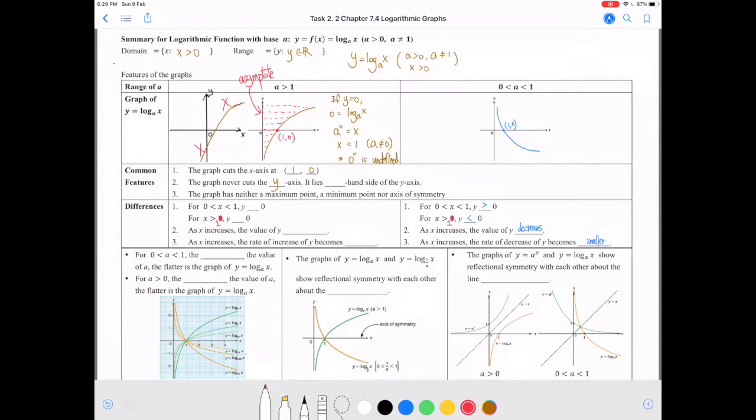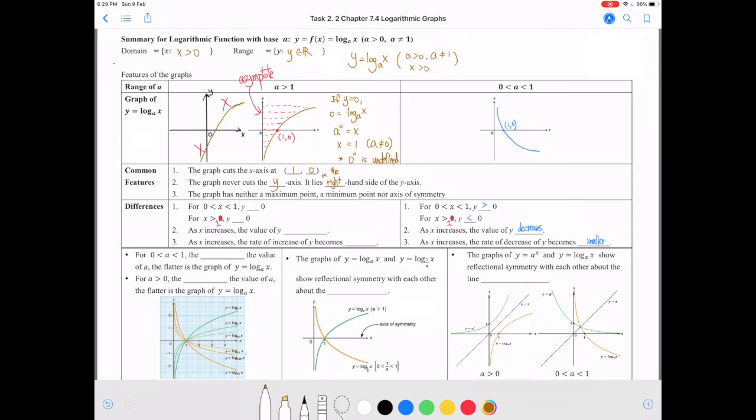So the y-axis is actually the asymptote of this graph. So the graph never cuts the y-axis, and it lies on the right hand side of the y-axis. So this is the second common feature.